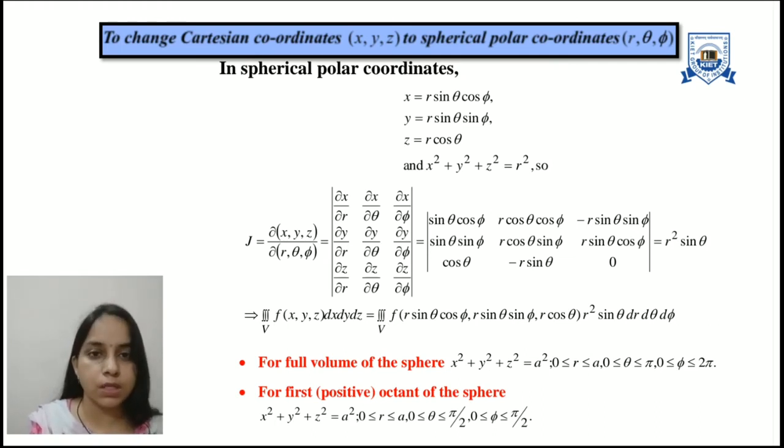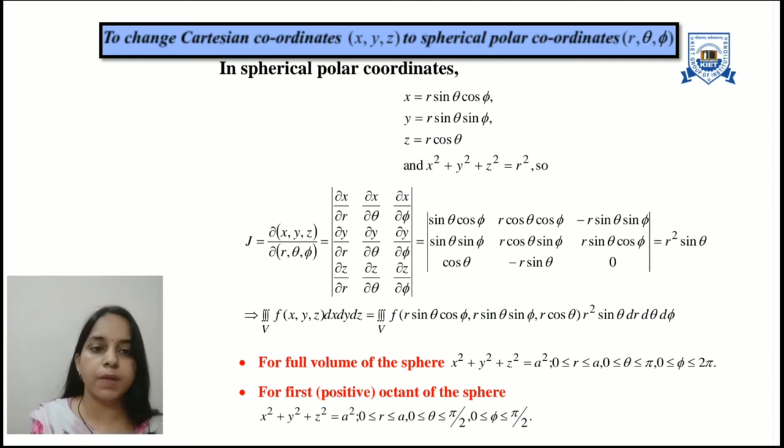But for the positive octant, first I explain what the positive octant is. Just as in the xy plane we have the positive quadrant, similarly in 3D we have the positive octant. The positive octant is the 1/8 part of the total xyz space, the 1/8 part of the solid where all values lie in the positive part.